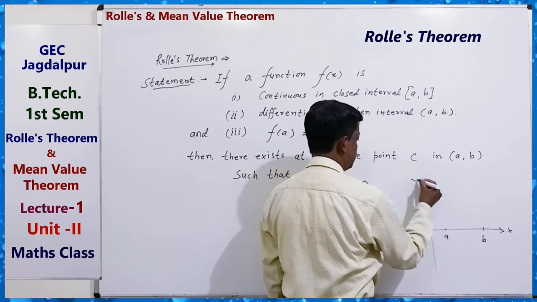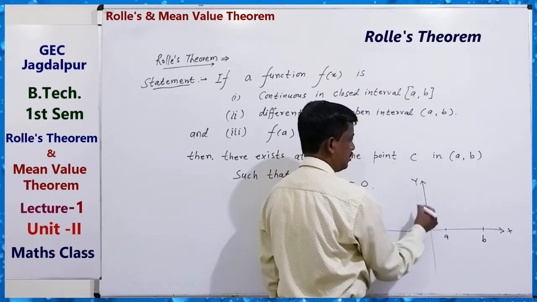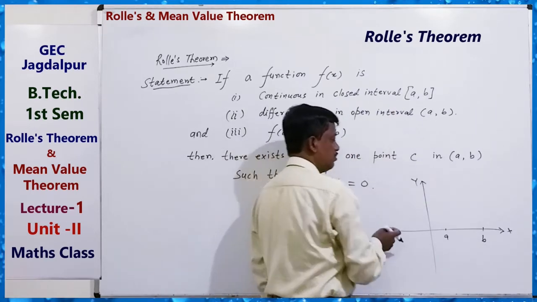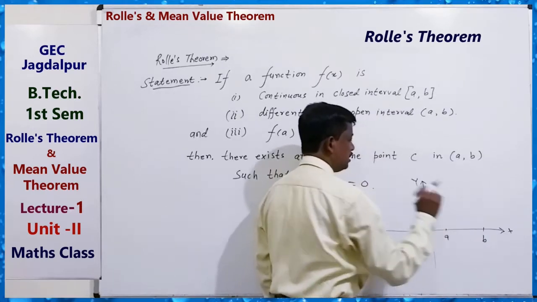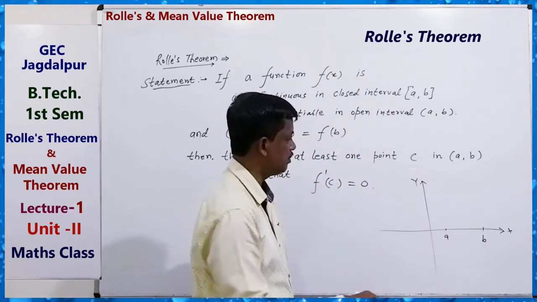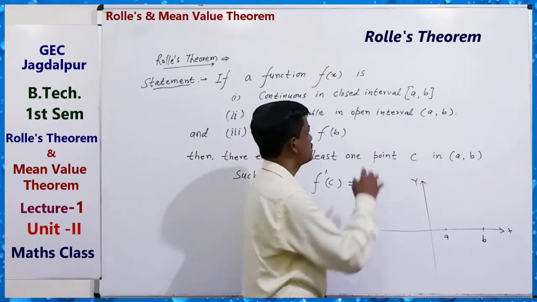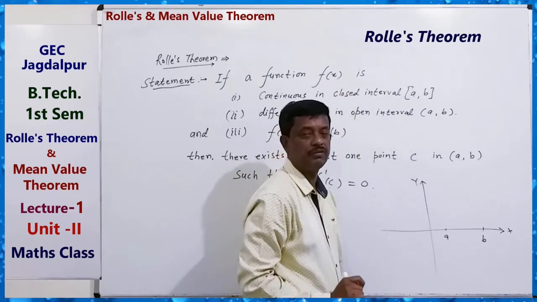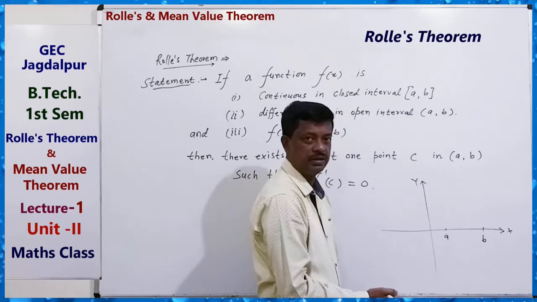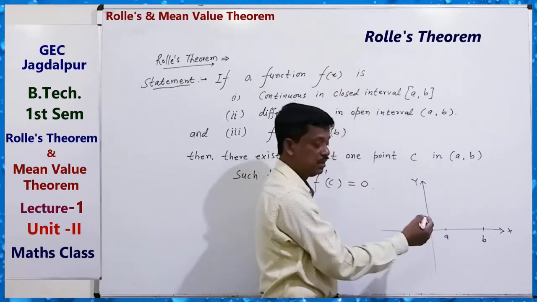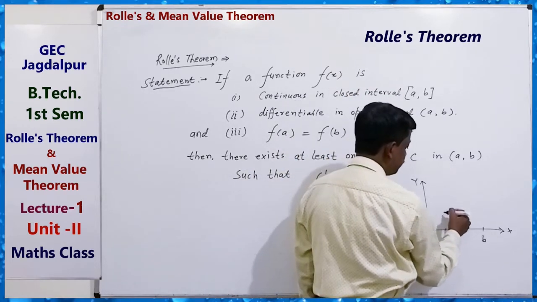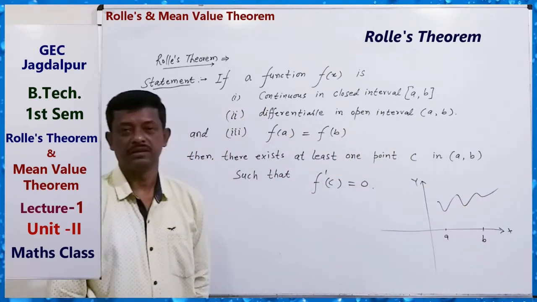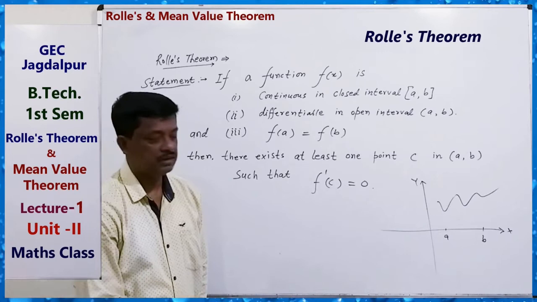Y is along this line, y equals f(x), and the value of x is along this line. If this is the interval, then whenever we draw this function as a graphical curve, y equals f(x), the curve may be like this. Clear?